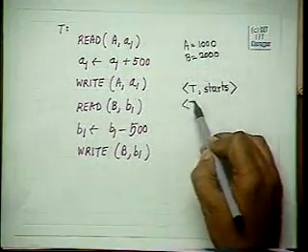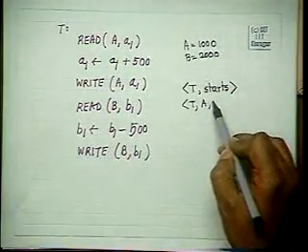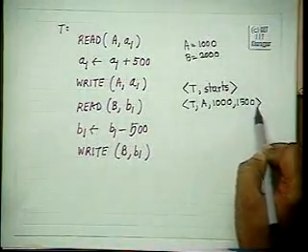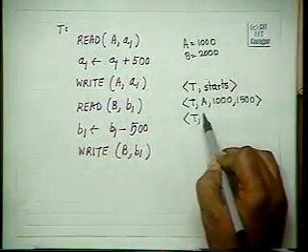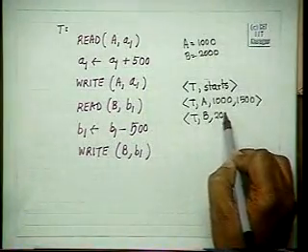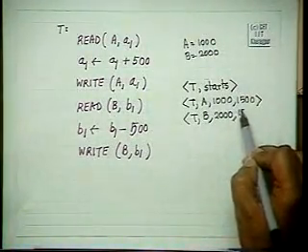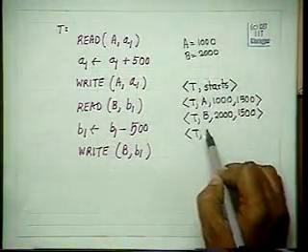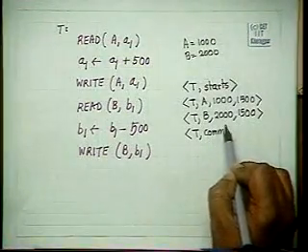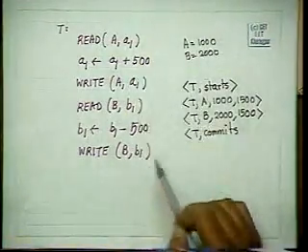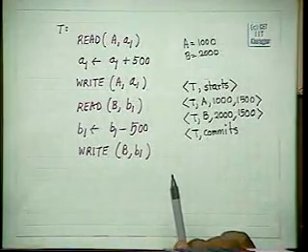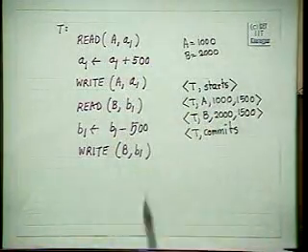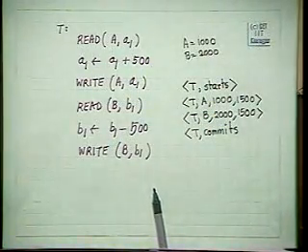Then you will have T, A, 1000, 1500, T, B, 2000, 1500, and T commits. For this transaction, this is the only information you can have, and obviously they will occur in this sequence because this is the sequence in which it is executed in this program.